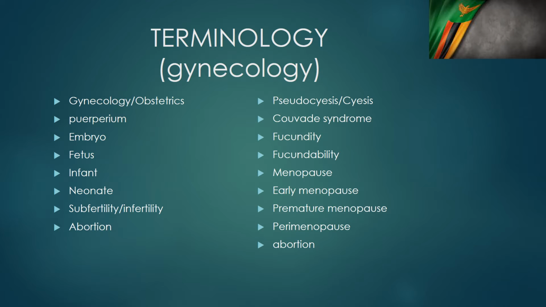So when we say subfertility, it's more friendly because everyone can conceive, especially these days when we have assisted reproductive technology. Your fertility is just below maybe the normal, not that you are infertile, meaning that it's impossible for somebody to conceive. So that's why subfertility is the preferred term these days as compared to infertility.